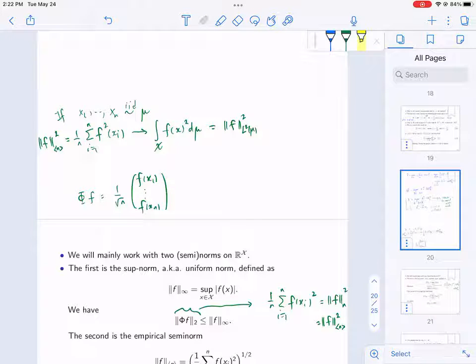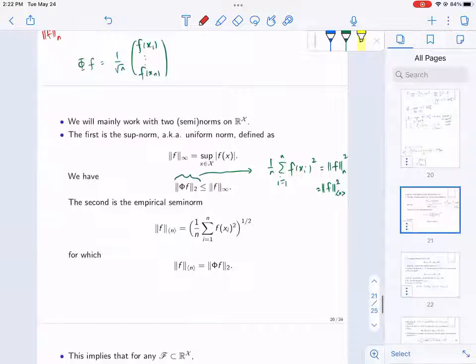Again, the usual notation, for example in HDS or some other statistics book, is written like that. To avoid confusion, I write it with a bracket here. That's nothing but the L2 norm of this vector. We say that this is a semi-norm because it could be 0 for non-zero functions.